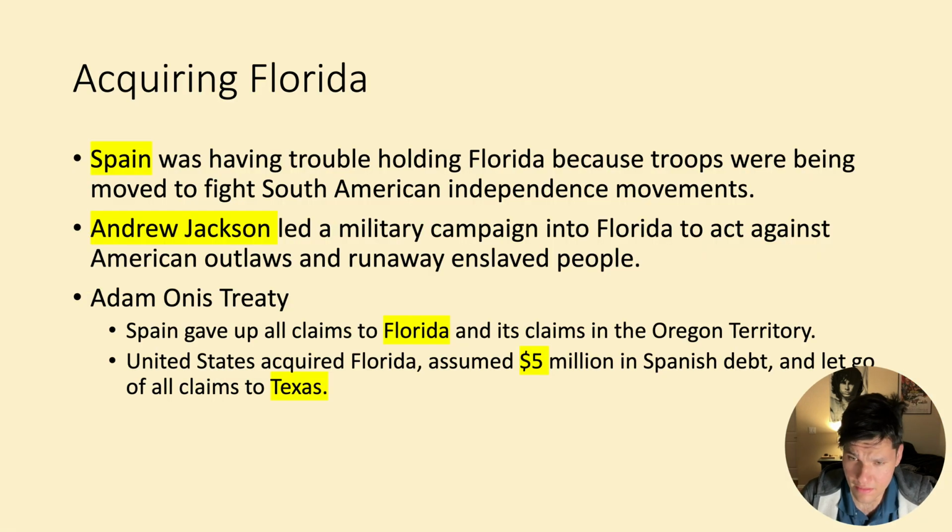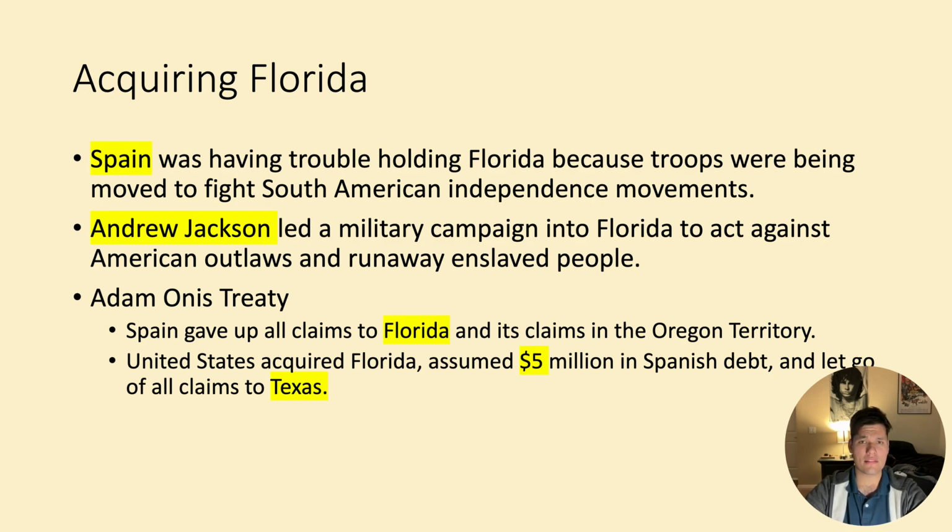As you guys can see in the slide, it says acquiring Florida. Meanwhile, the Monroe presidency saw another major territorial change. Spain, stretched thin by South American independence movements, could not maintain control during this time. So Andrew Jackson led a military campaign into Florida, pursuing outlaws and runaway enslaved people.